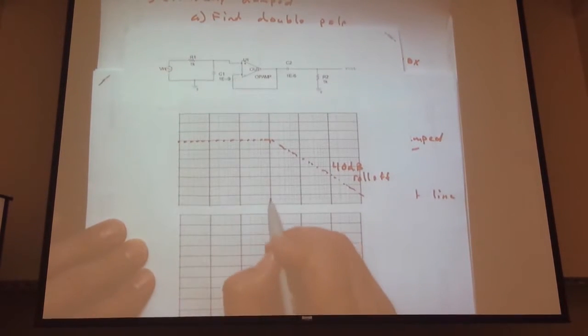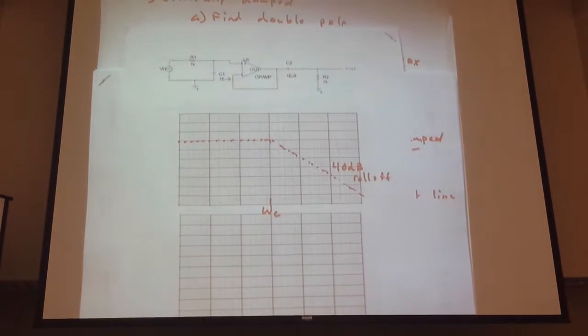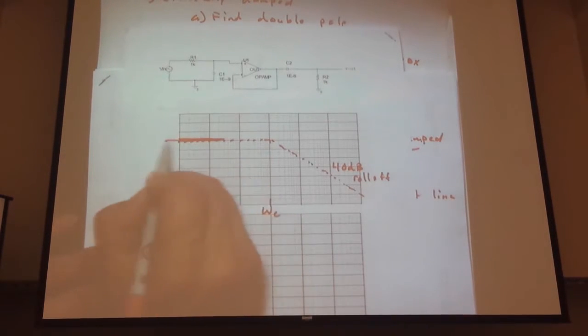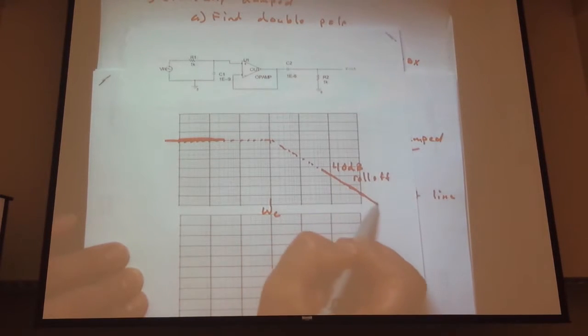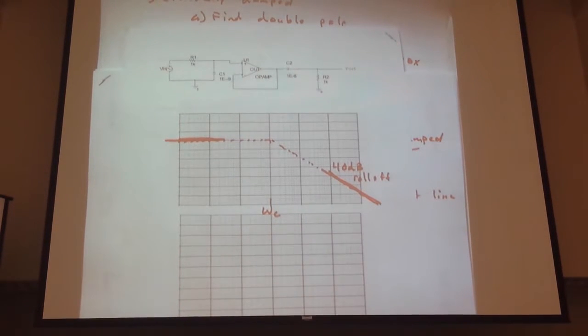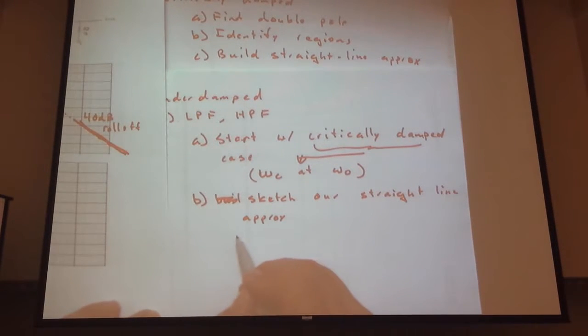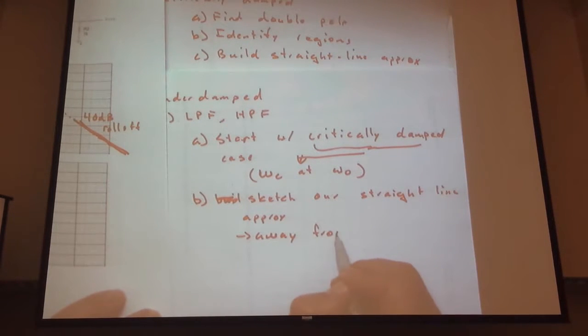There's our pass band, and that's omega C. So right at that corner there, that's omega C. And now, far away from the cutoff or resonant frequency, we can fill this in. So away from the resonant frequency, that's asymptotically correct.